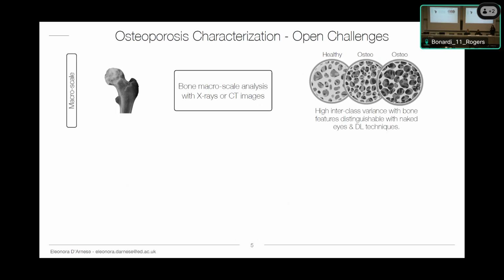We have differences between healthy and osteoporotic patients. We can look at the image and have a nice understanding, with different features that are distinguishable not only by naked eye, but also with deep learning techniques, where the osteoporotic bone is more spongy, has larger holes, and a denser presence of holes.